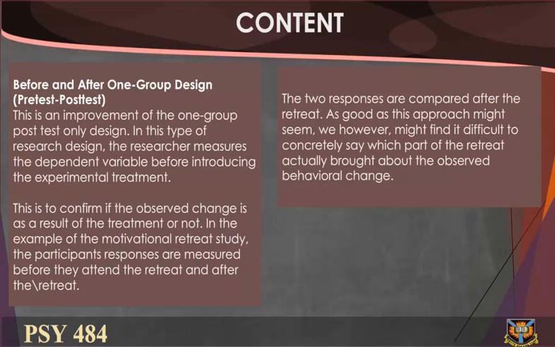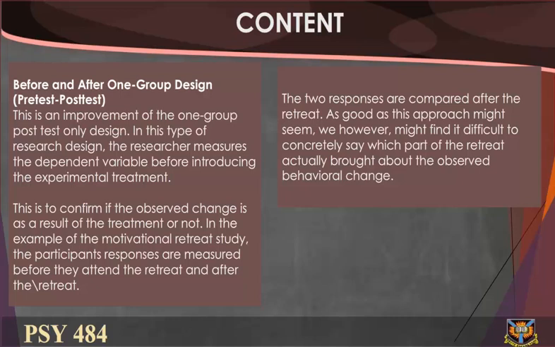Before and after one group design, pre-test, post-test. This is an improvement on the one group post-test only design. In this type of research design, the researcher measures the dependent variable before introducing the experimental treatment. This is to confirm if the observed change is a result of the treatment or not.